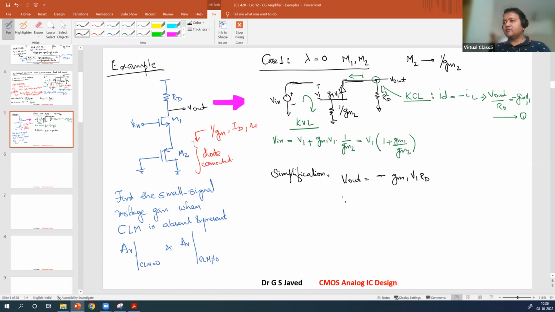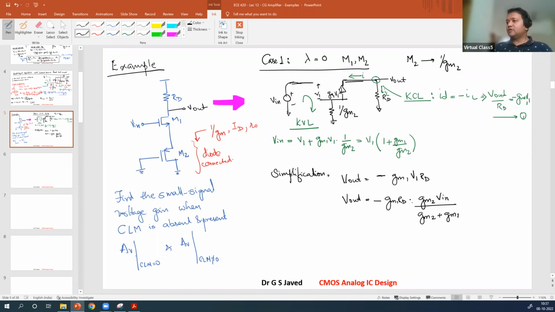And the other equation will give you V out is equal to minus GM1 RD times GM2 over GM1 plus GM2, times V in.